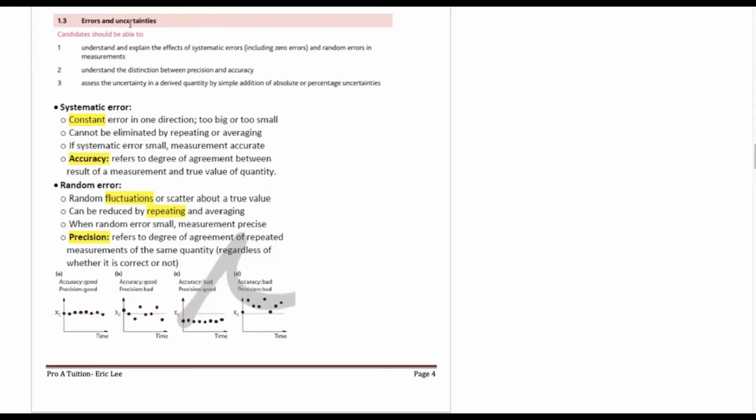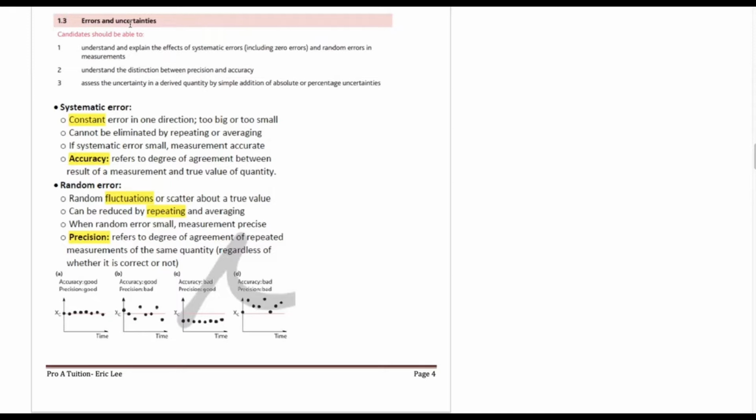Okay, now let's see random error. The random error is random fluctuations. Compared to this, this is one direction; this is random fluctuations. That means sometimes it's too big, sometimes it's too small, randomly distributed around the true value.